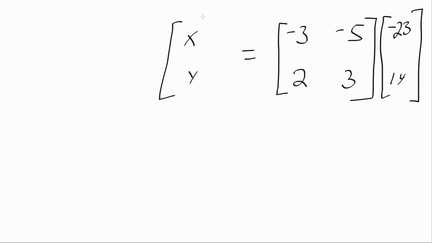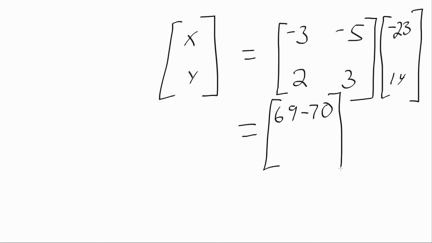And if that's true, then we're going to multiply row times column. So -3 times -23 is 69. And -5 times 14 is -70. So that's our first element in the matrix.